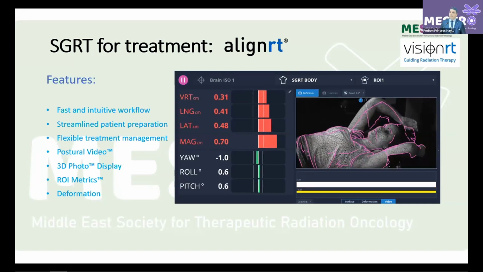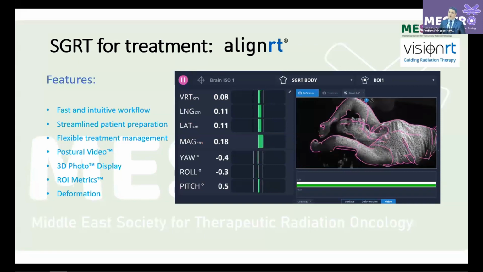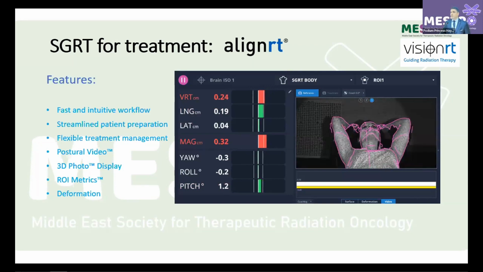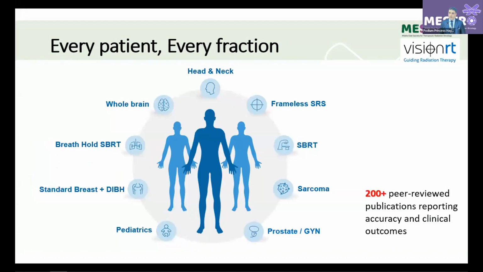And normally we would have a feedback or connection to the LINAC where we'd be able to send those deltas directly to the specific LINAC couch and move the patient automatically towards the isocenter without a specific manual handling from the RTD therapist, just to reduce that type of workflows and also increase the efficiency and decrease the treatment time of radiotherapy.